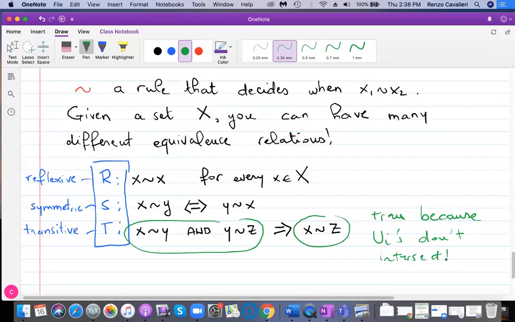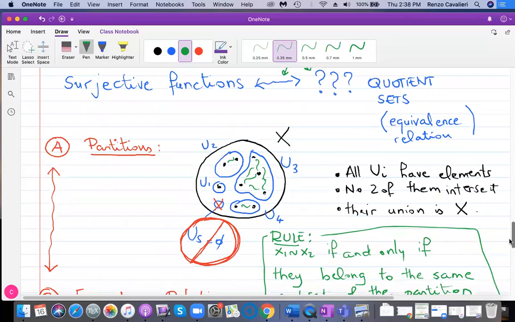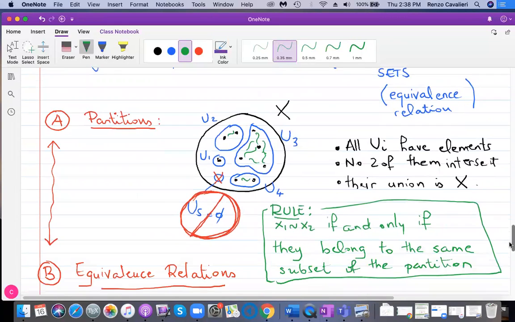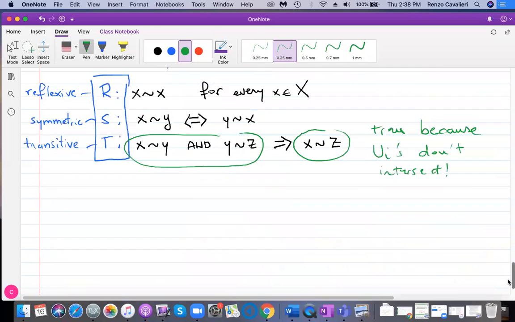So is this saying that, in a sense, partitions and equivalence relations are the same? Exactly, yeah. They're the same in the sense that if you start from a partition, there's a natural way to come up with an equivalence relation. And vice versa, if you start from an equivalence relation.